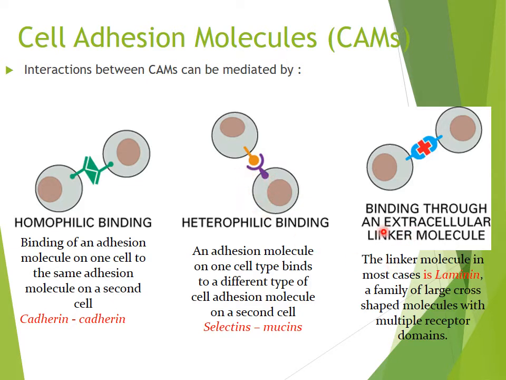Whereas there is also binding through an extracellular linker protein, like the laminins, keratins, and other linker proteins, the family of large cross-shaped molecules with multiple receptor domains. So the two cells can be linked together by these linker proteins.